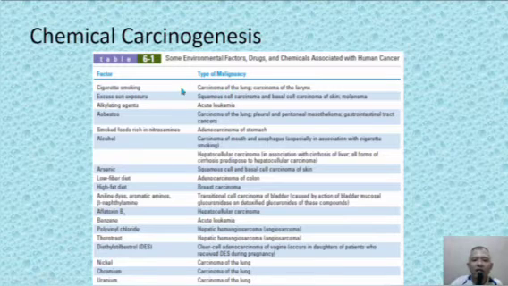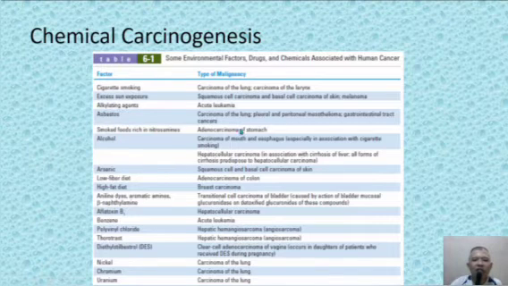For smoking, of course, carcinoma of the lung. Smoking can cause carcinoma of any organ. In fact, it can also lead to gastric CA, bladder CA, tongue CA. UV radiation causes squamous cell carcinoma.